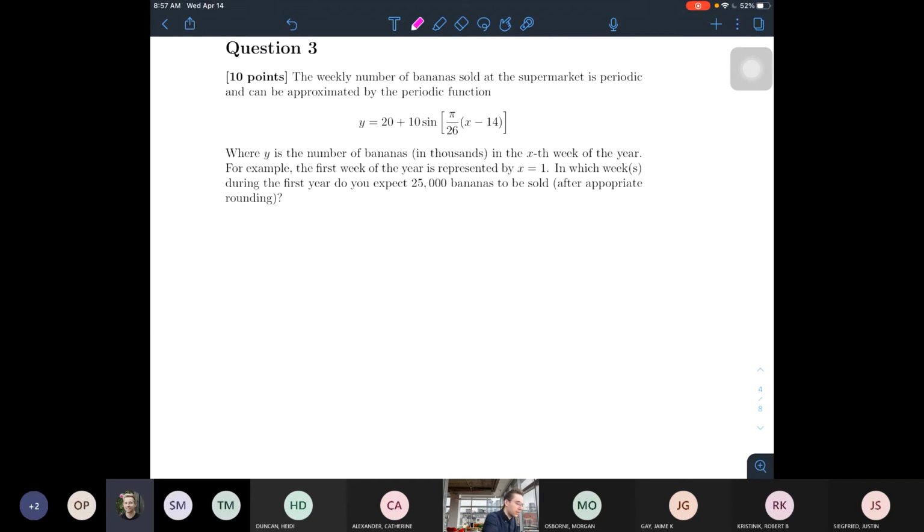After all, this function is just a transformation of a sine function.